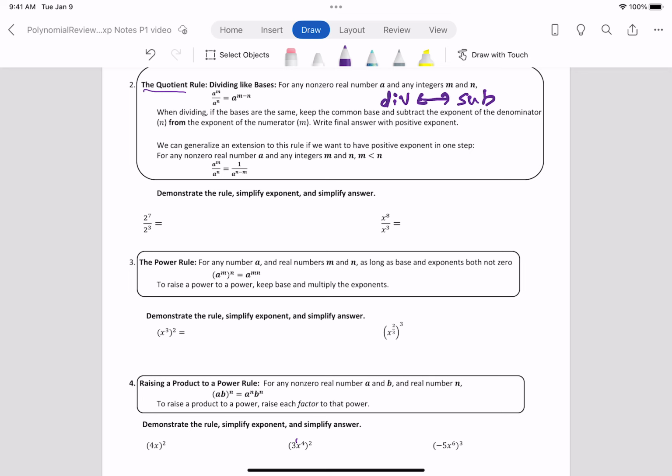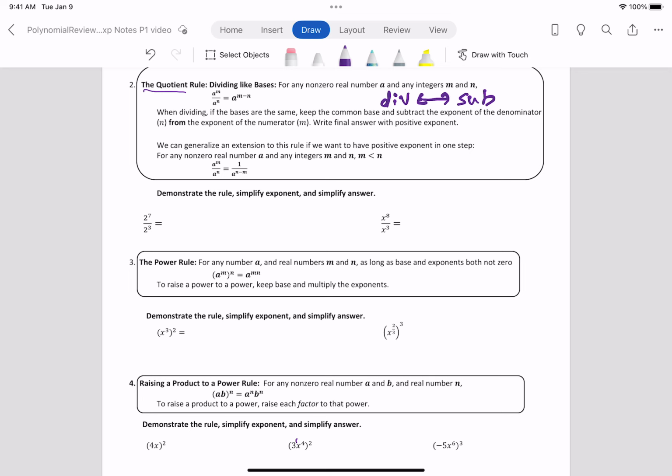Now note, it's always the exponent that's in the numerator or the top minus the exponent or the one that's in the bottom. Okay? Now, I'm not going to introduce negative exponents in this lesson, so they're all going to come out positive. We're not going to need negative exponents in the material that's coming up, so I'm not going to cover that here. So all you basically need to know is that basic rule.